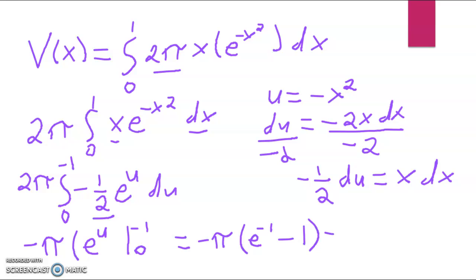We can rewrite it. This negative might confuse people, but it actually ends up turning out to be a positive volume. If we did rewrite it, we just distribute this negative to these two terms, and we are left with pi times 1 minus 1 over e.